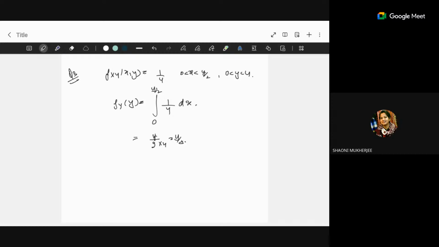Now, next question is the marginal density of X. It will be from 0 to 4, 1 by 4 into dy, correct? Marginal density of X. It is 1, ma'am. Just a second. Marginal density. 1 minus x by 2.